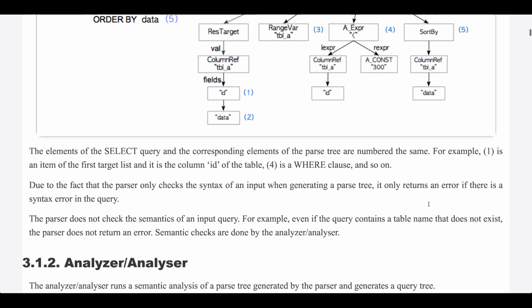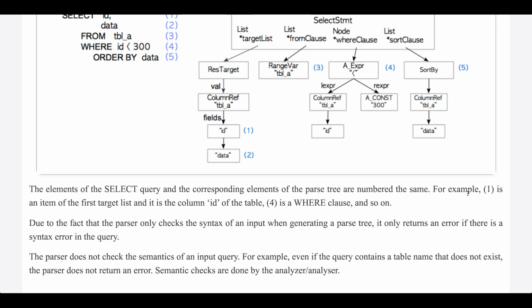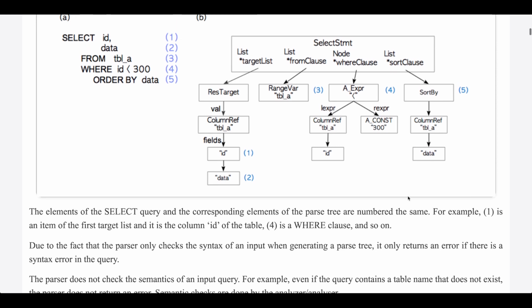The elements of the select query and the corresponding elements of the parse tree are numbered the same. For example, 1 is an item of the first target list, and it is the column ID of the table. 4 is a where clause, and so on.